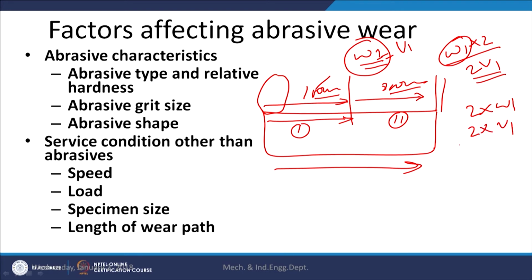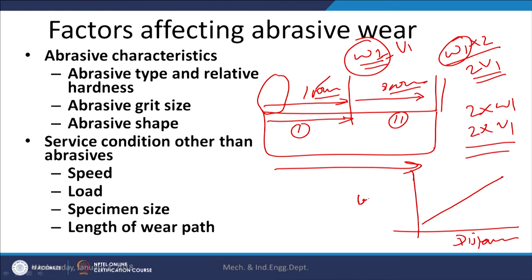And that is why normally, as we increase the sliding distance or the length of the wear track under the abrasive wear condition, the abrasive wear, which is in terms of mm cube, increases linearly.